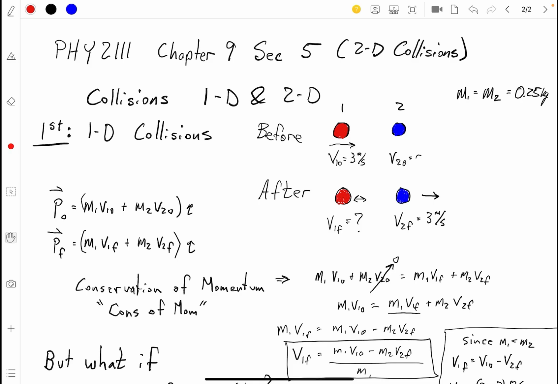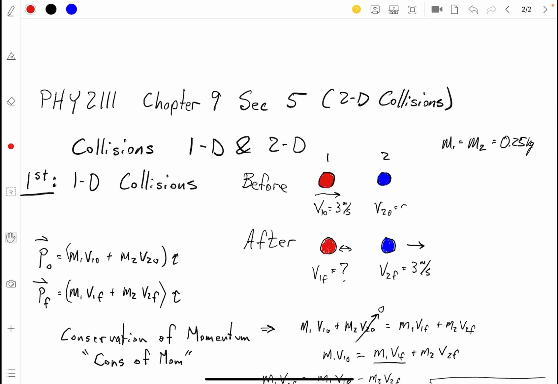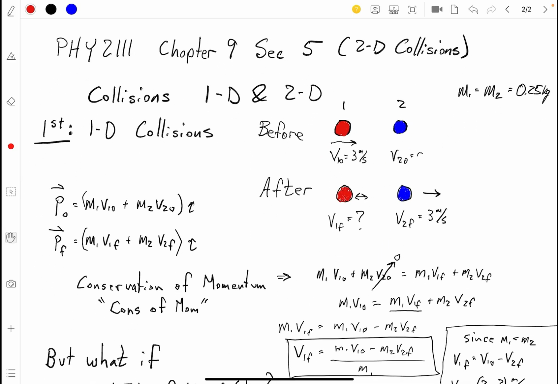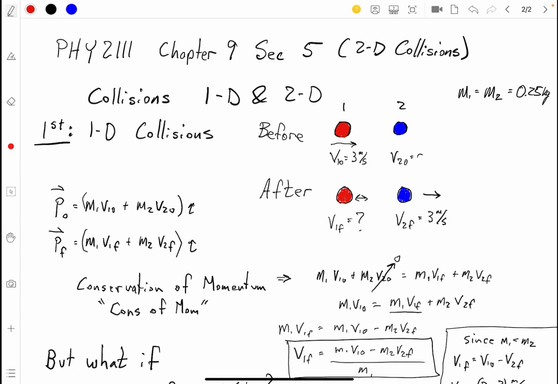Let's say we've got particle 1, this guy right here. We're going to send that into particle 2. Now, particle 2 has 0 meters per second.